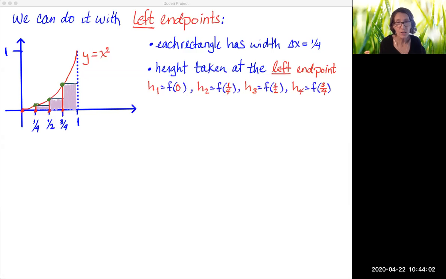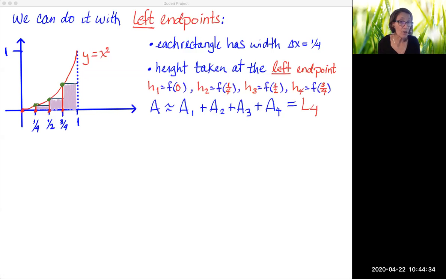So then each rectangle has area 1/4 times f of whatever that left endpoint was. So my area under my curve is going to be approximated by those 4 areas, A1 plus A2 plus A3 plus A4. These are different rectangles from what we did earlier.